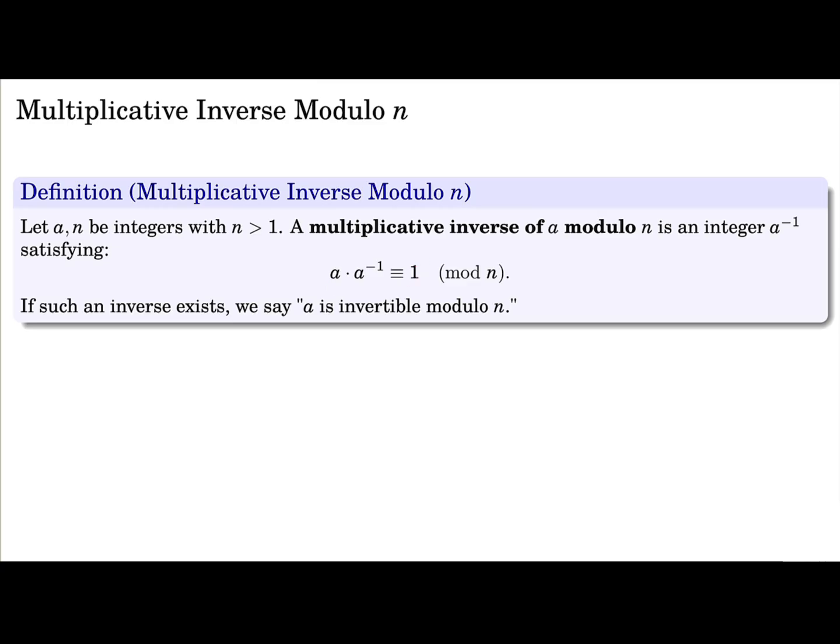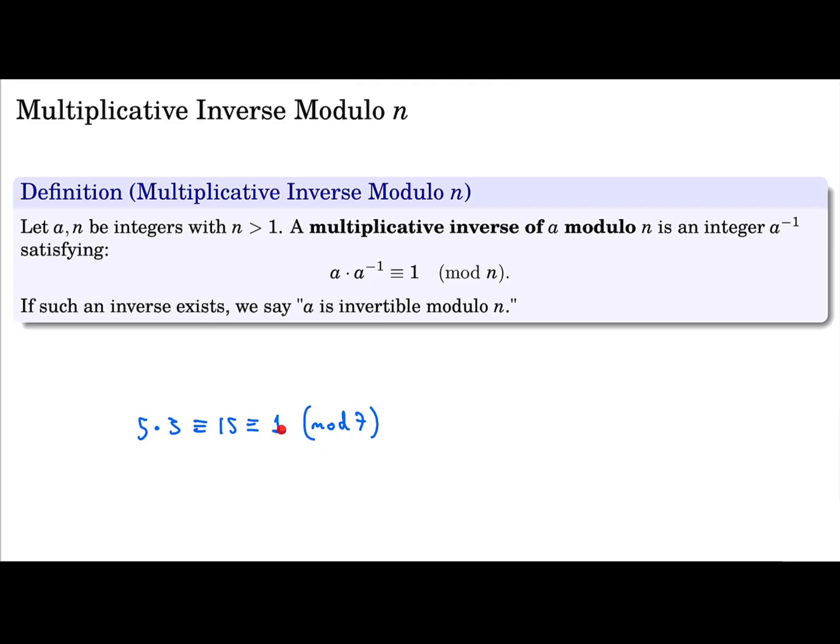So for example, 5 times 3 is 15, which is 1 mod 7. What is the remainder of 15 mod 7? It's 7 times 2, 14, plus 1, so it's 1.